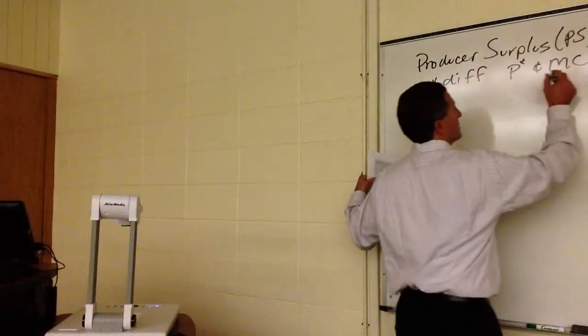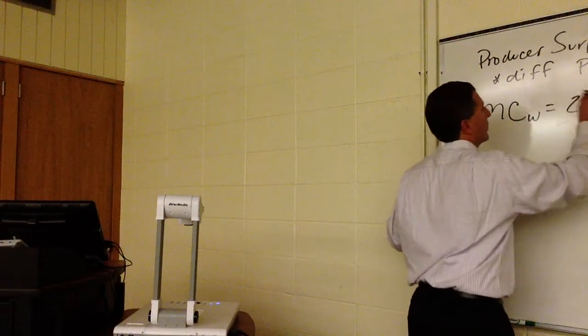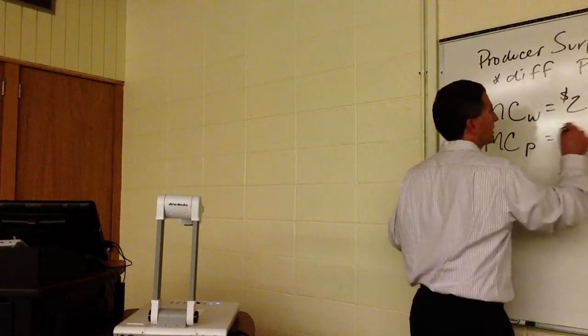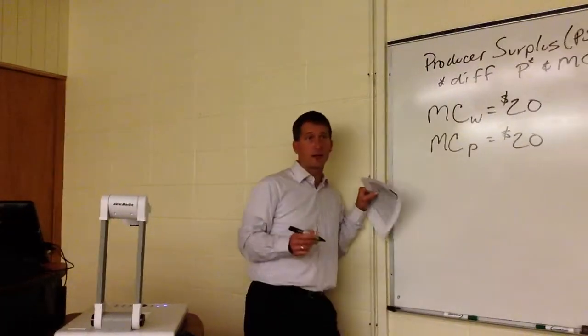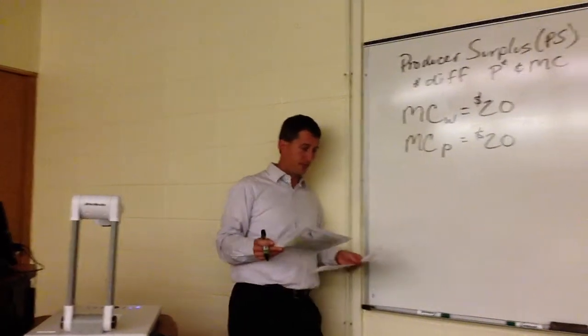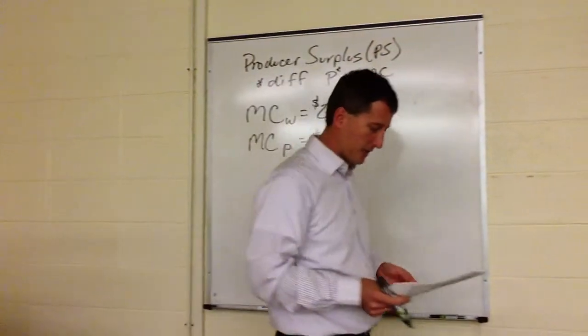What's the marginal cost of the pool? So the marginal cost of the weight machines is 20. The marginal cost of the pool is 20. So that just happens to be the same. Each one. Oh, it says it. Yep, each one. We kind of got to hang on those words.